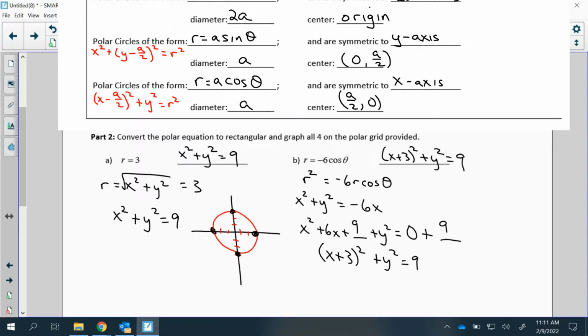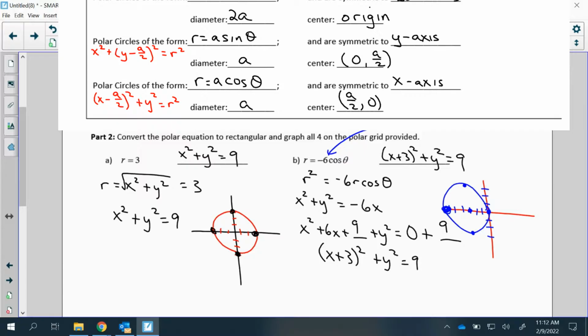So then we have to graph it. And the other two I'm going to do without narration, so hopefully you can follow along.